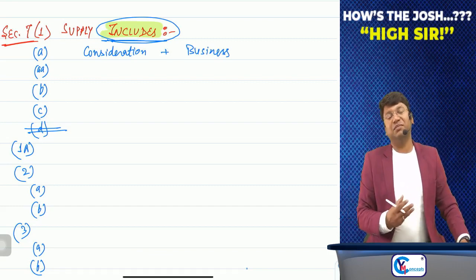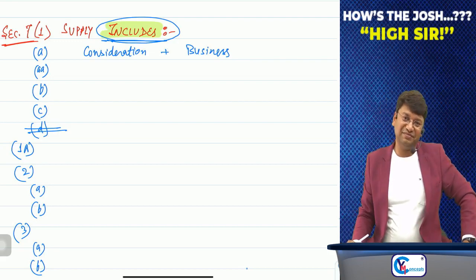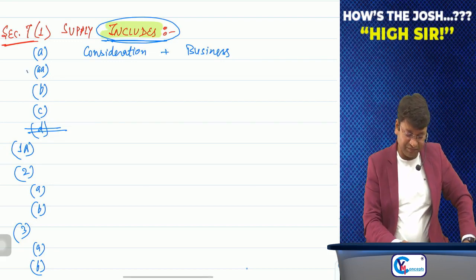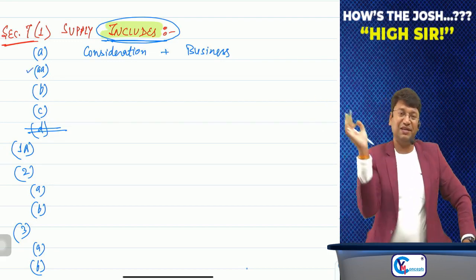But sir, the term supply includes clause A, clause B, clause C, and clause AA also. Okay, now clause AA.